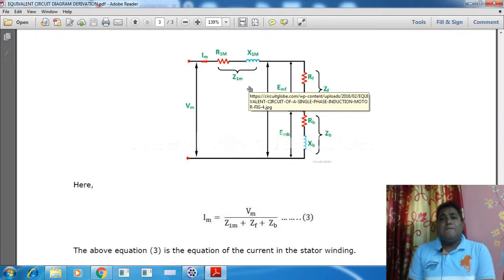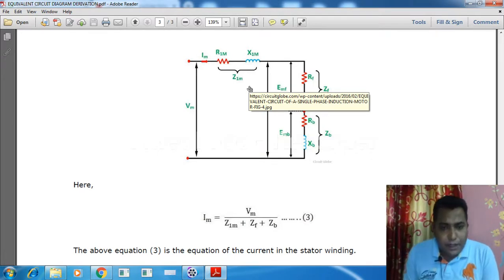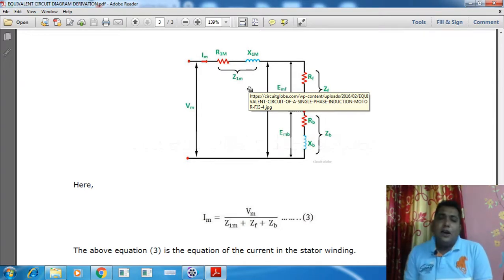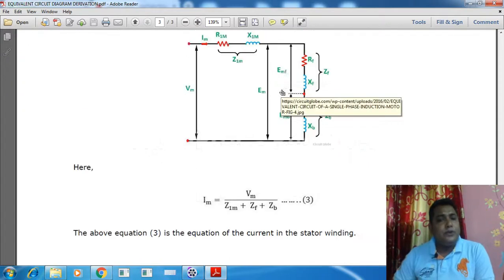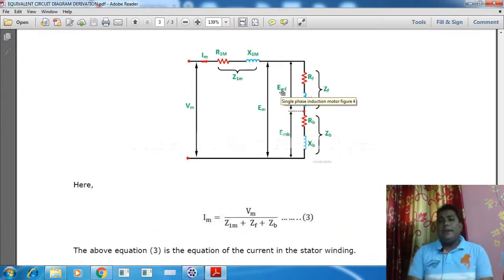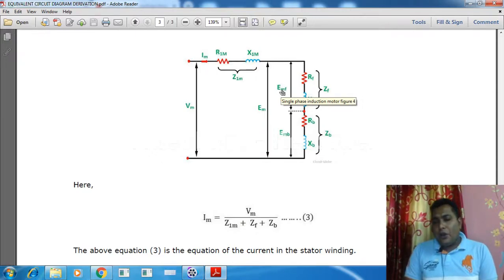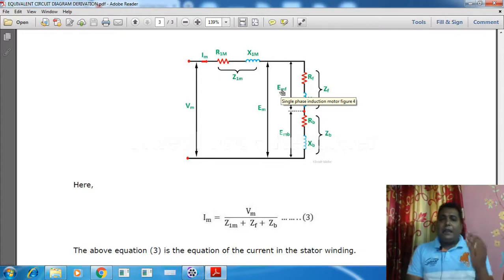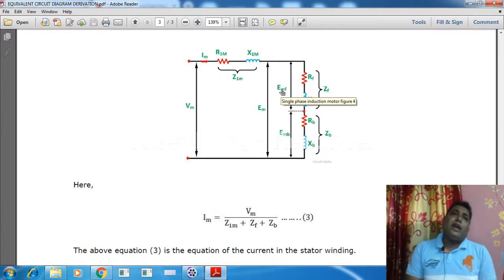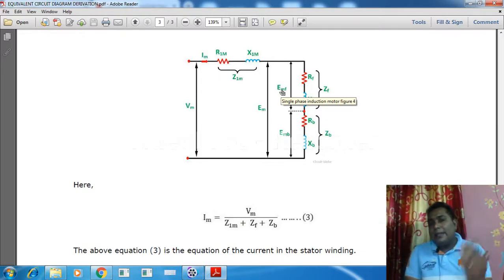After that we can find out the main current flowing through the stator of the circuit. So this is all for today. I think now you are able to understand how, using the concept of double revolving field theory, we can draw the equivalent circuit diagram, and then after drawing, how we can include the slip components at the running condition.